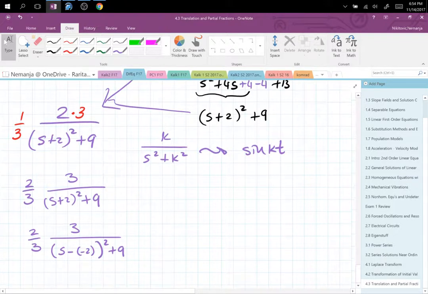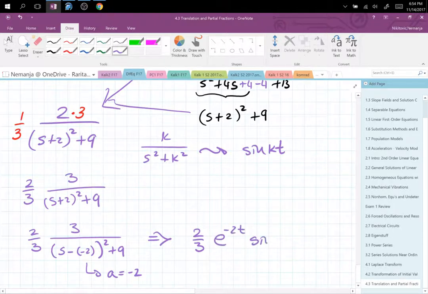So this magic a is negative 2. So the inverse Laplace of this is 2/3 e to the negative 2t sine of 3t.